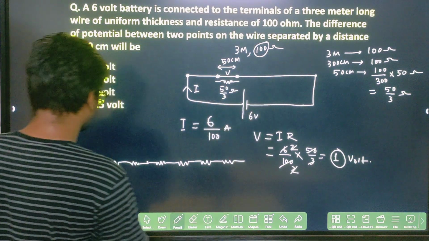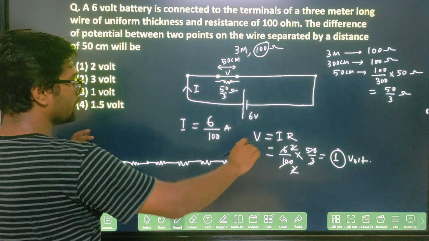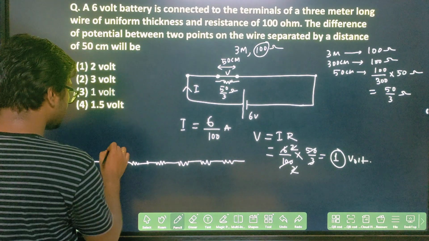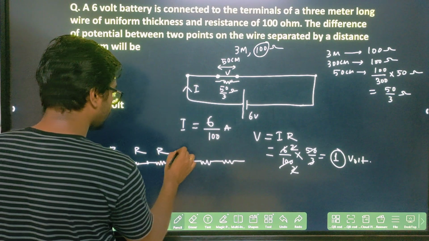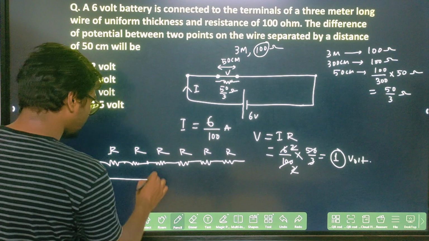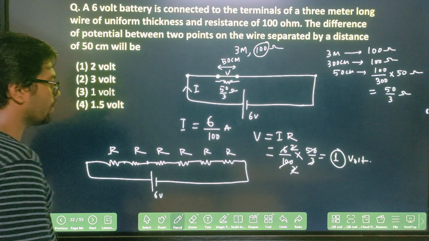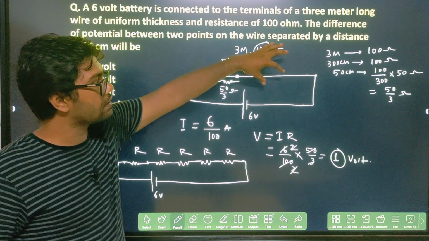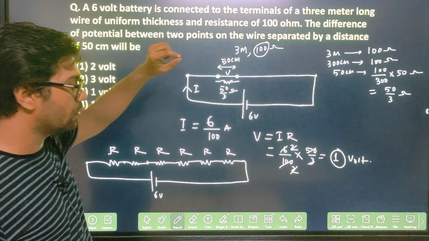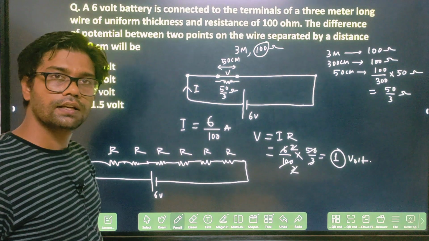From the 3 meter length I can make these resistances, each having the same resistance, because all have the same cross section and same everything, right? And this is your 6 volt battery and it is connected like this. I just divide this 3 meter long resistance into only these 6 resistances.